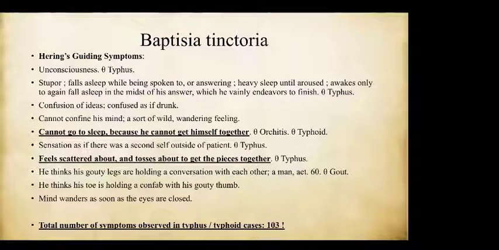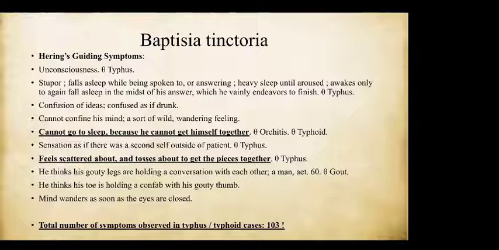Herring's Guiding Symptoms takes part of it over, and you see here under the mind section, behind the Greek theta, that elongated circle with that line through the middle, under what clinical conditions these symptoms were observed. Typhus or typhoid, in one case of orchitis and some cases of gout. And you see there that the underlying symptoms are clinical symptoms. They are not proving symptoms.